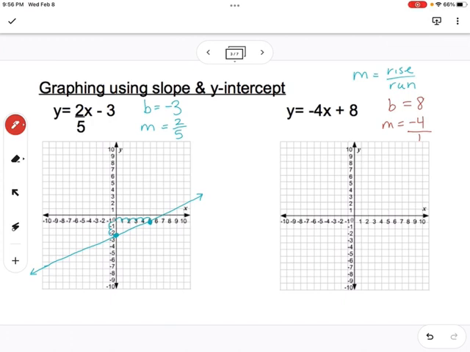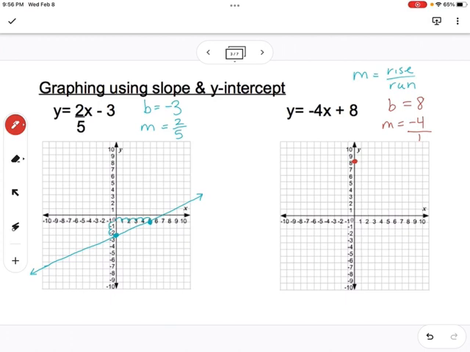So start by graphing the y-intercept of 8. That is going to be the point right here. From there, we have a rise of -4, which means we're going to move down 4, and a run of 1, so move to the right 1.